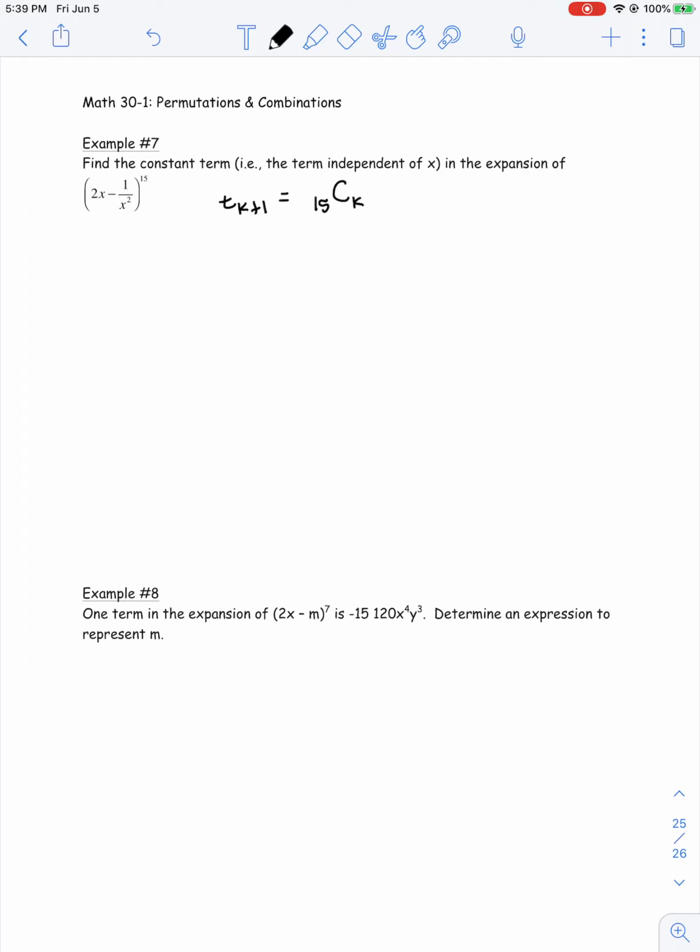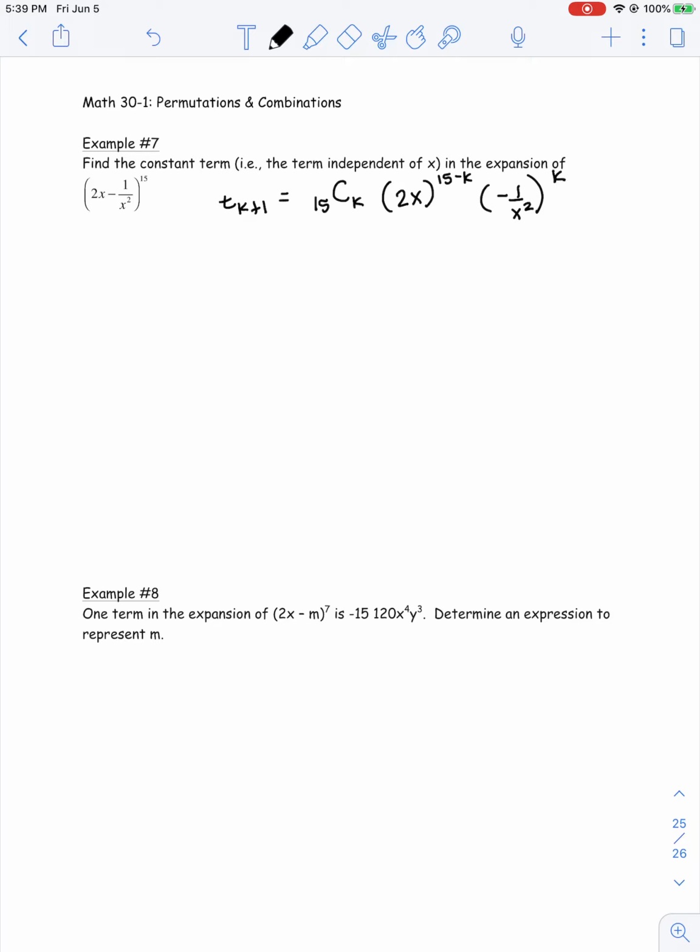We don't know what our k is. Then we're going to substitute 2x for our x value, and it's always going to be n minus k, which is 15 minus k. And then we have negative 1 over x squared replacing our y spot, to the power of k, which is unknown.